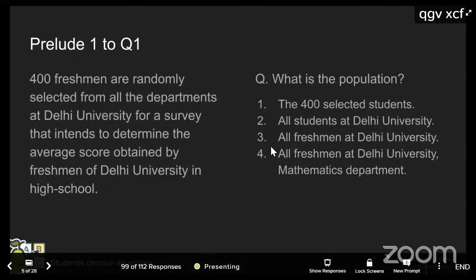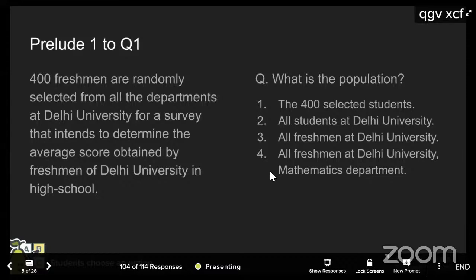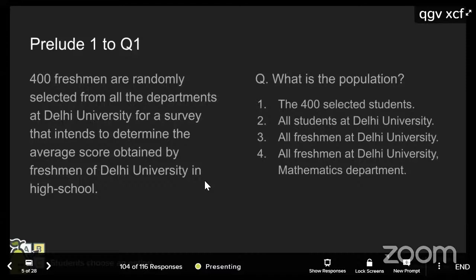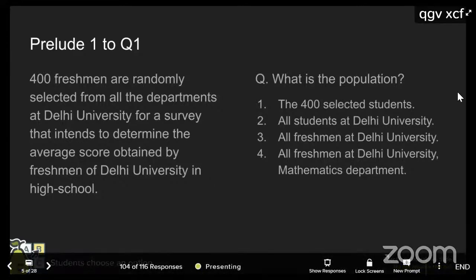What's the correct option, sir? First, let's wait for the people. After that, we will see the correct answer and all the responses from your side. The website is joinpd.com. After that, you have to enter the code at the top right corner.